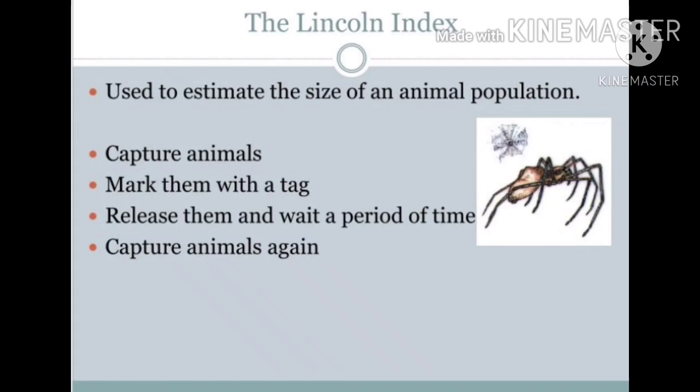So what we are actually doing in this method is, at first we capture that particular animal whose population density we want to know, then mark them with a tag, then release them and wait for a particular period of time, then recapture these animals again, and by applying a suitable formula we calculate the approximate population density of that particular animal in that particular area.